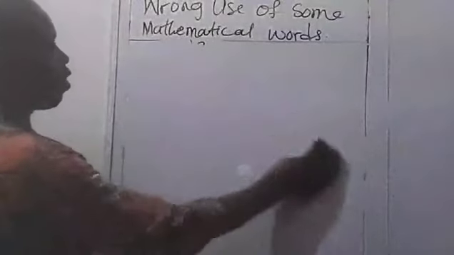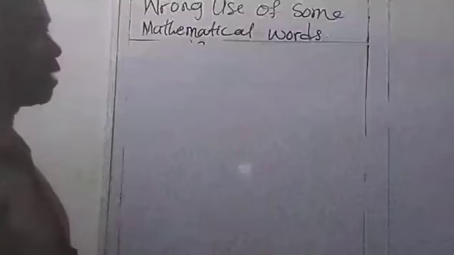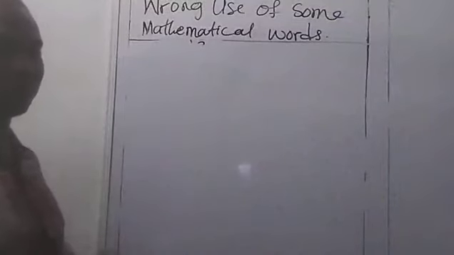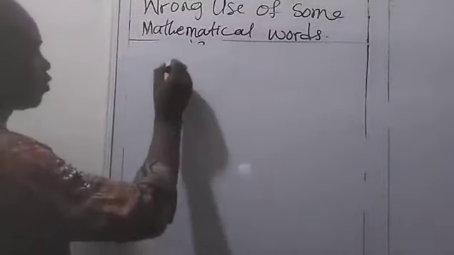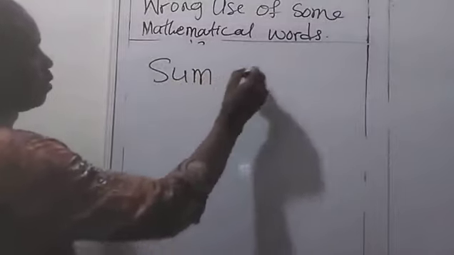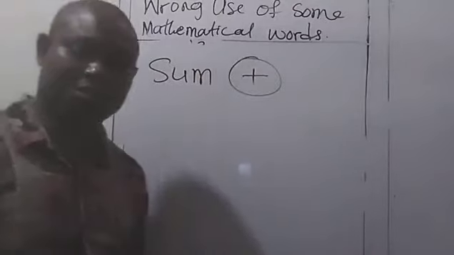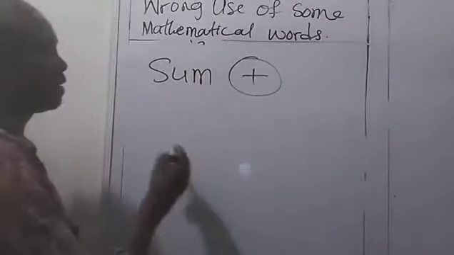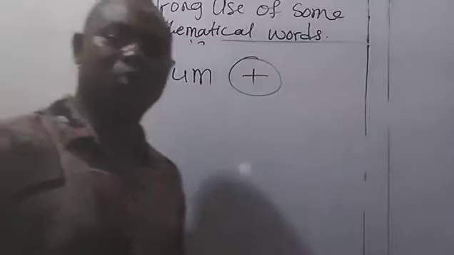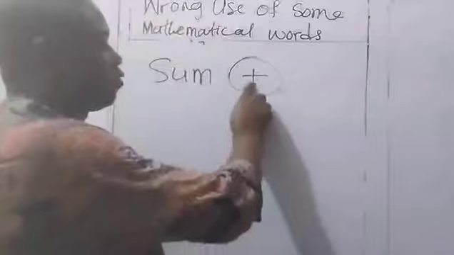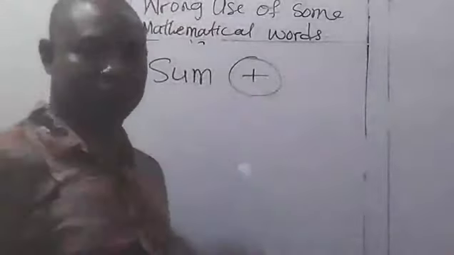The second mathematical error or word we make use of is the word sum. Sum does not mean addition. Instead, sum is the answer we have gotten after we have used the operation plus.